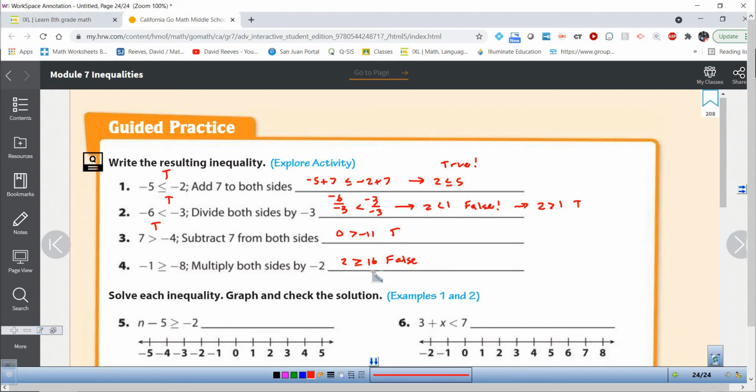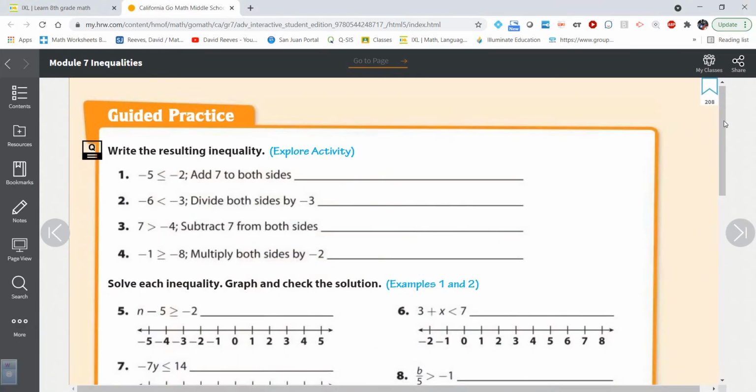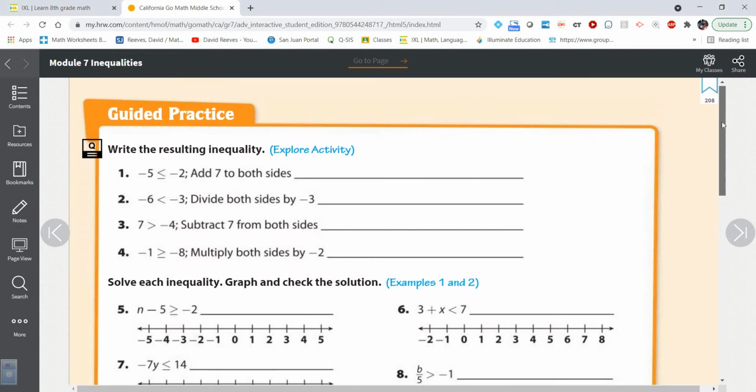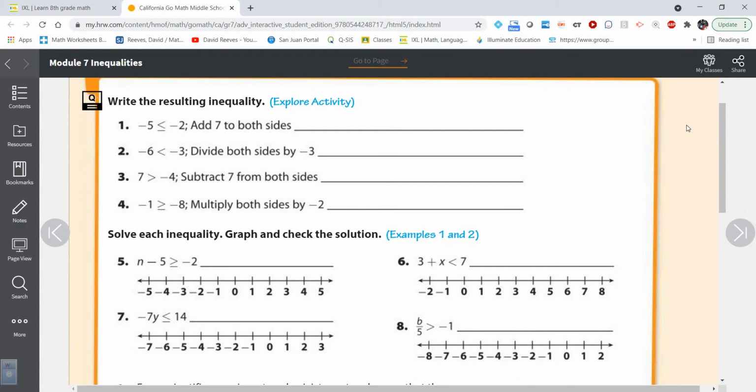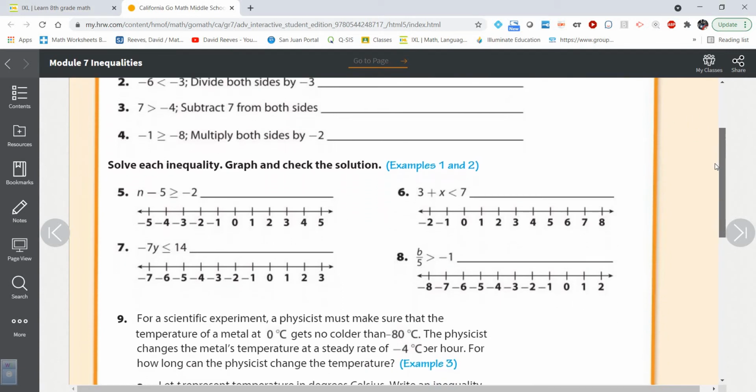So if I want it to be true, I switch that inequality sign around and say 2 is less than or equal to 16, and then it is true. So you can add or subtract anything you want to. You can multiply or divide by a positive number, and it will not change the truthfulness. But if you multiply or divide by a negative, if it was true, it makes it false. And so to make it true again, you have to reverse the inequality sign.